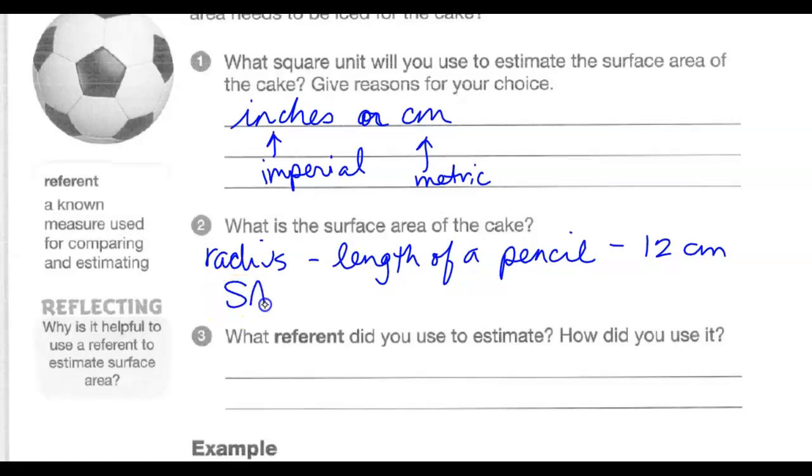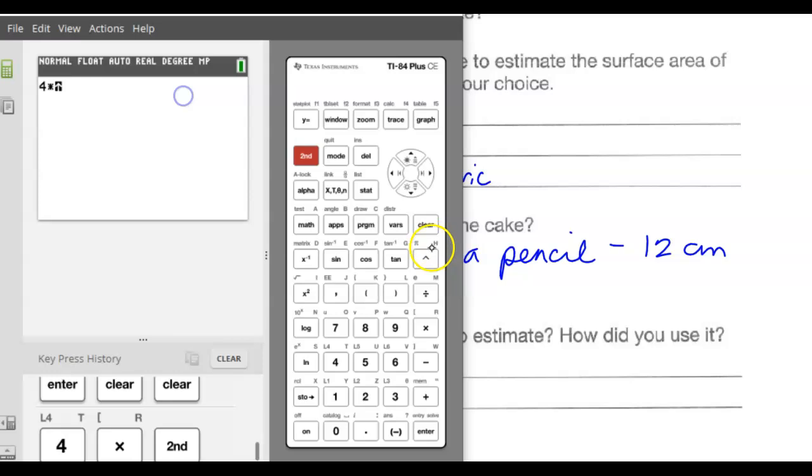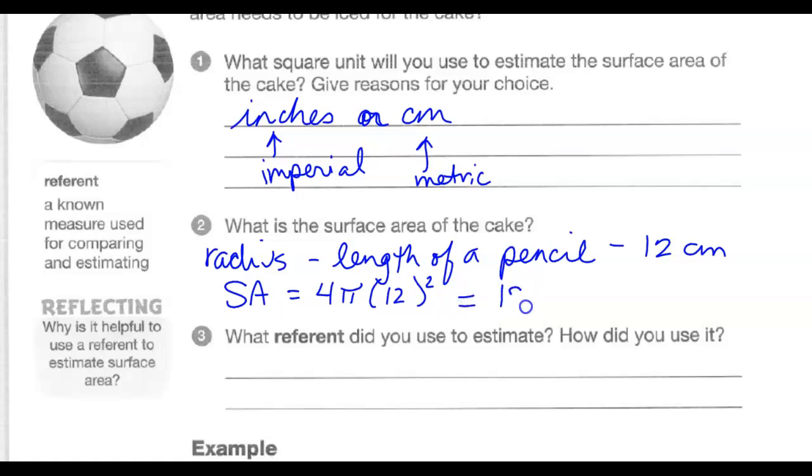So surface area would be 4 pi times 12 squared. You will still need to use your calculator. 4 times pi times 12 squared. If it's an estimate, let's just say 1800 centimeters squared.